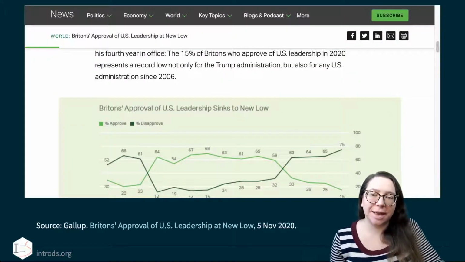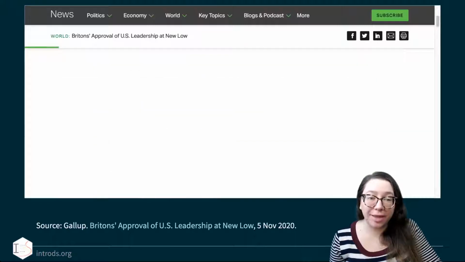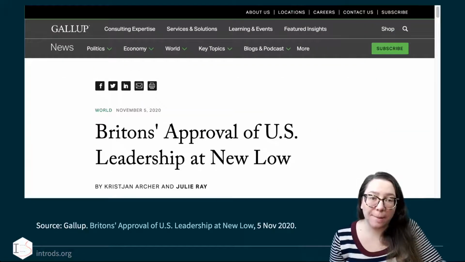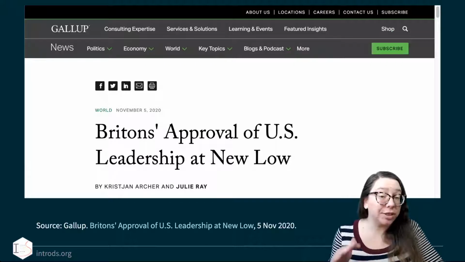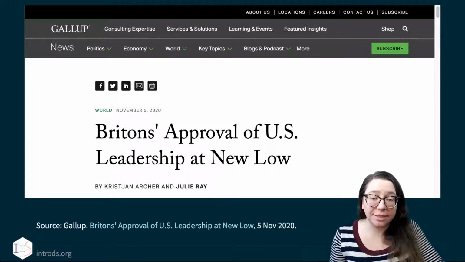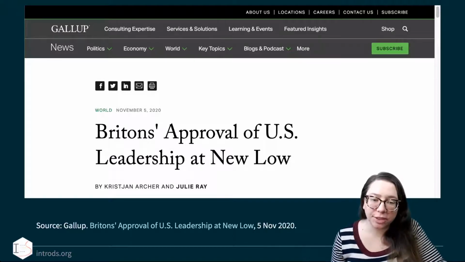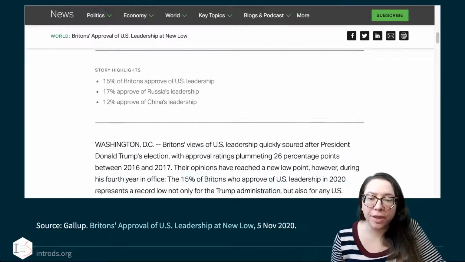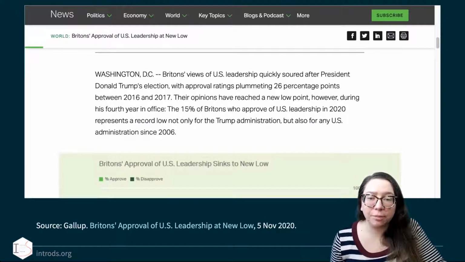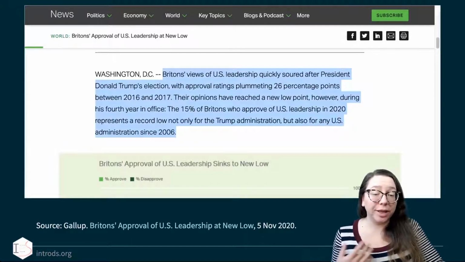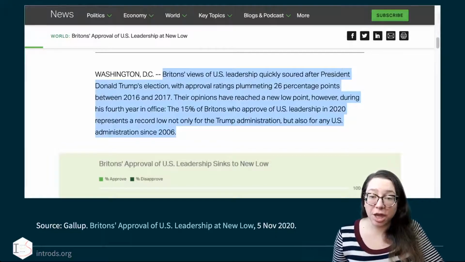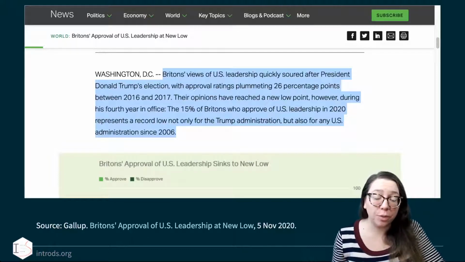Let's take a look at this example. Here is an example from the Gallup poll, an ongoing survey that they've been running and have recently published some results from. The headline says, Britain's approval of US leadership at new low. So let's scroll down to see what they're talking about here. Britain's view of US leadership quickly soured after President Donald Trump's election, with approval ratings plummeting 26 percentage points between 2016 and 2017.